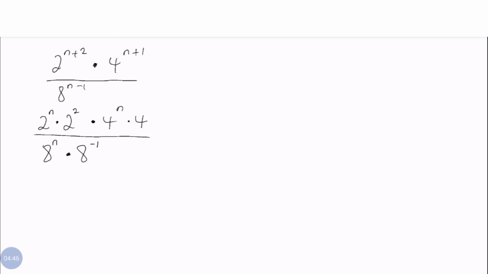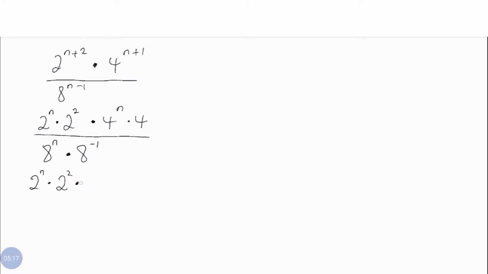See, it's the same thing as what we were doing on the top. Now let us continue. Now what we want to do is make everything to the base 2. So this is already on base 2, so we'll write it as it is. So 2 to the power n multiplied by 2 to the power 2. We just want to make this to the base 2.